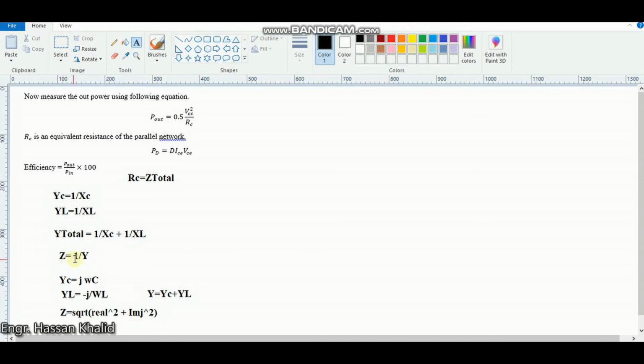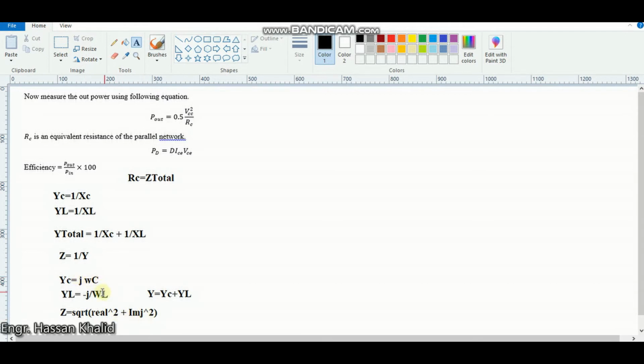Now Z is equal to 1 over Y. YC is the imaginary component j omega C, and YL is negative j over omega L, and Y total is equal to YC plus YL. You are concerned with the magnitude, so you can find it by squaring the real components plus the imaginary components.